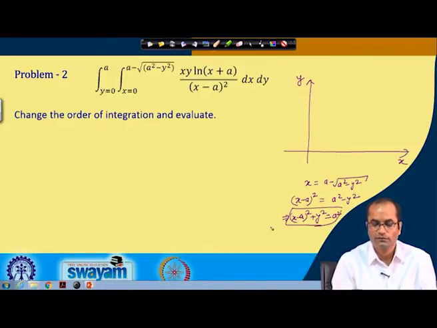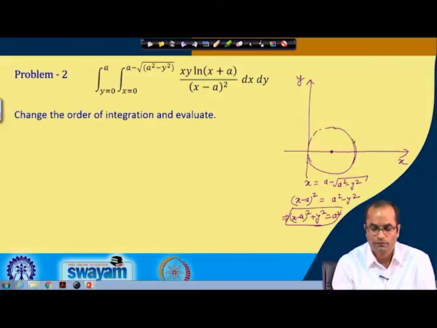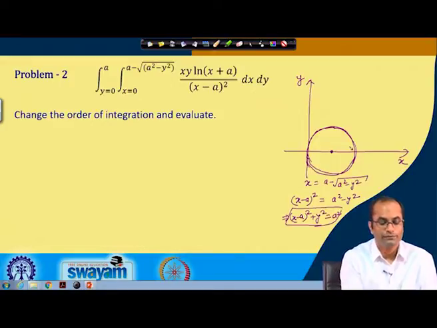So, this is the circle which we can draw now first. So, x is equal to a, this is the center, a and 0 is the center and a is the radius again. So, we have this circle of radius a, and now if we look at the integral limits.